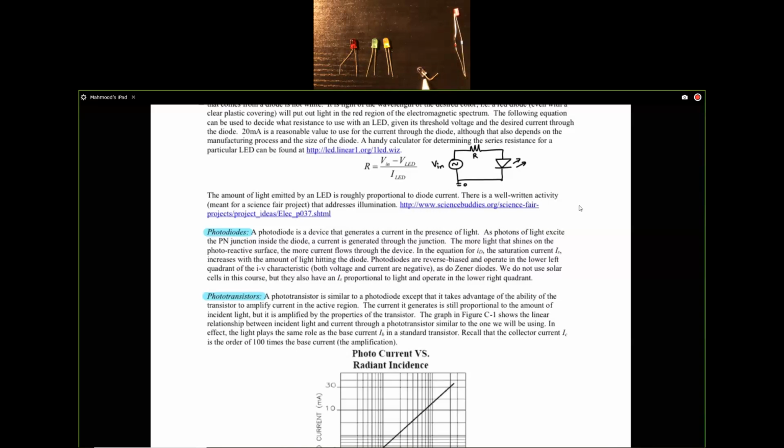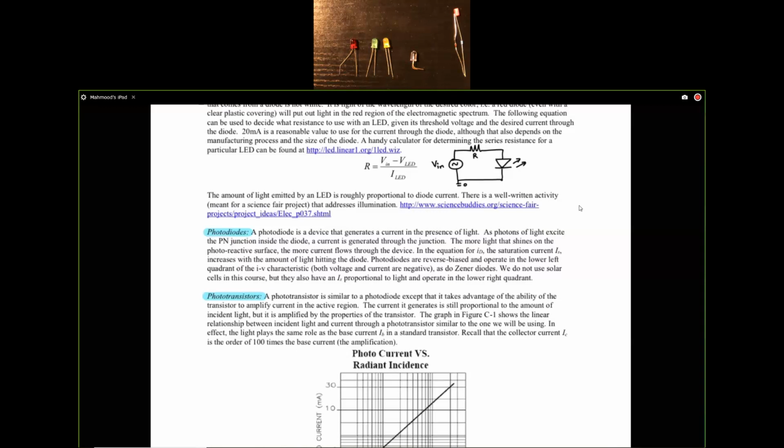So instead of having a color like red, green, and yellow, for photodiodes, the casing will be completely dark black. And for a phototransistor, which is what we have over here, the casing is transparent. So phototransistors are what we are going to use to detect light.